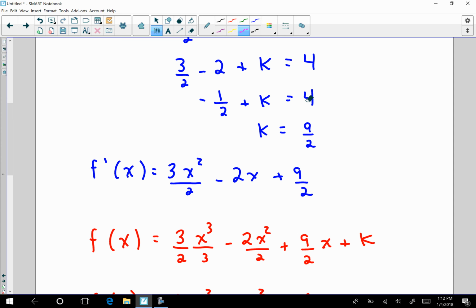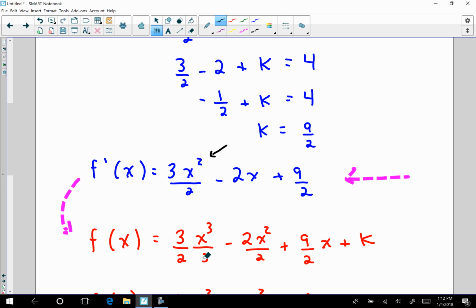This is f prime. Keep in mind what I wanted. I want to find f, so what I'm going to do is anti-differentiate f prime to get f. Again, I don't forget my rule. I take this 2, I add 1 to the 2. So I have x to the 2 plus 1, which is 3.